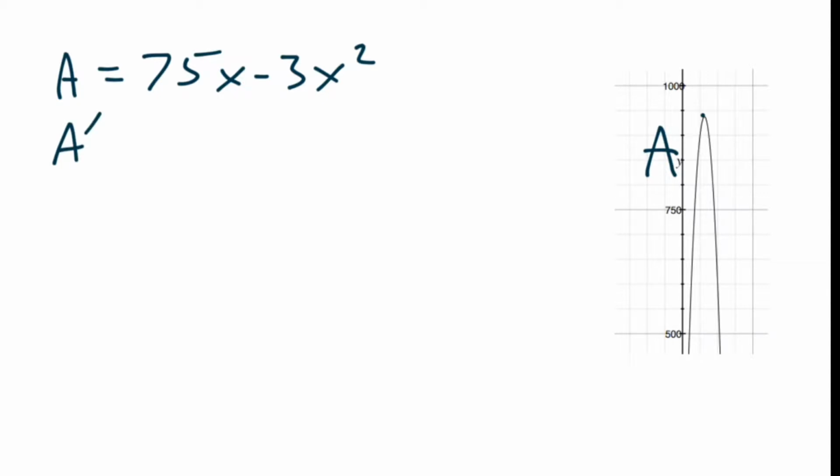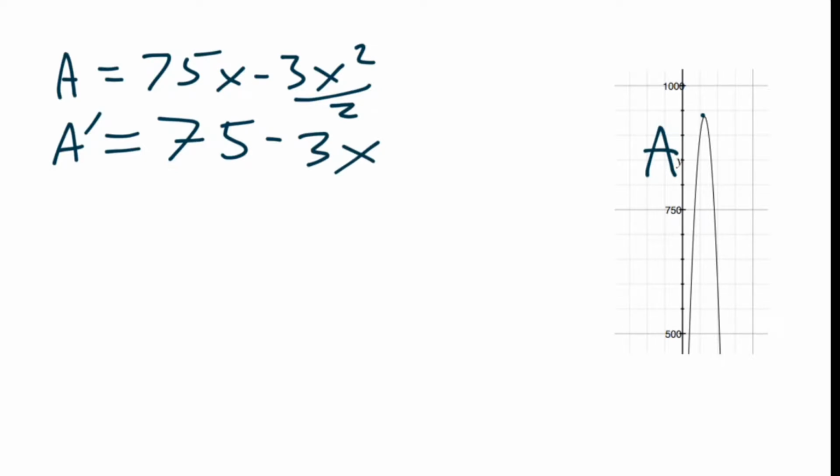It looks like the maximum is around 940, and so we can use this to check at the end whether our solution is right. So I'll just write this again: A equals 75x minus 3x squared over 2. Now let's take this derivative. It's not terribly complicated. You get 75 minus 3x.